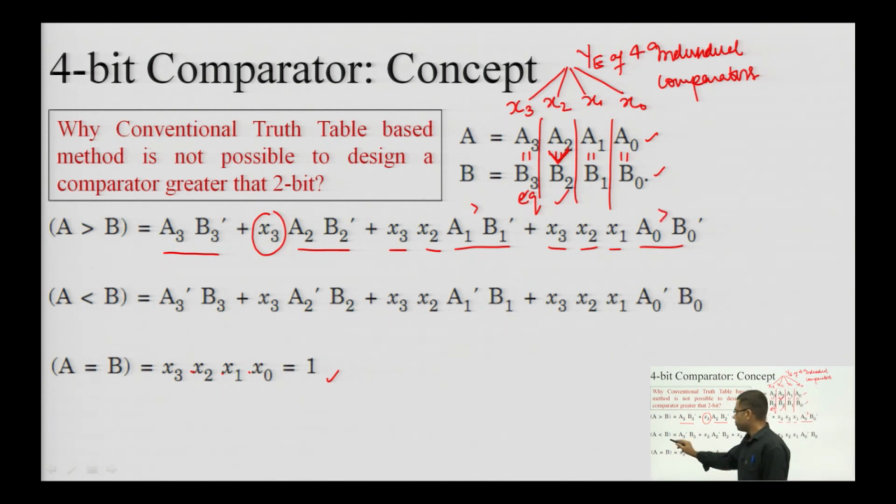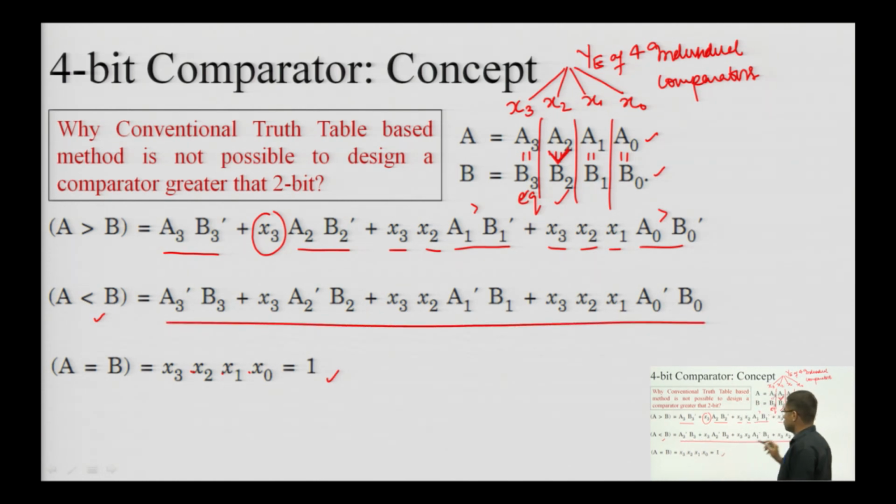Similarly, we can have the expression for YL. In this expression we can see A3 less than B3, A2 less than B2, A1 less than B1 and A0 less than B0, considering the fact that the higher-order comparison gives the high output.